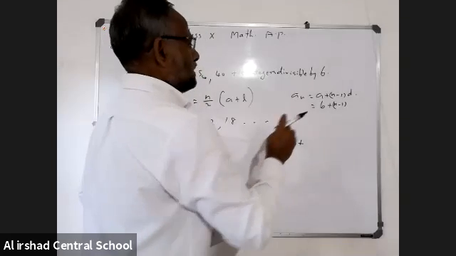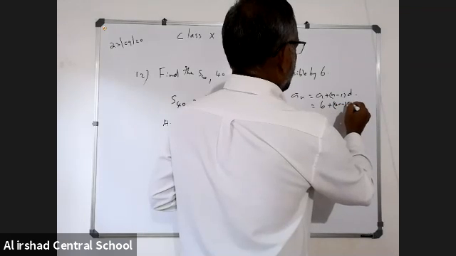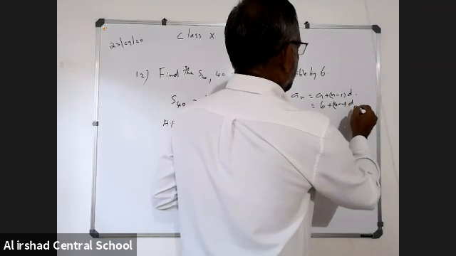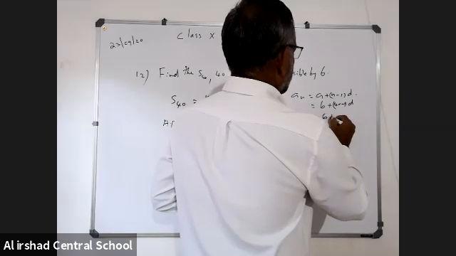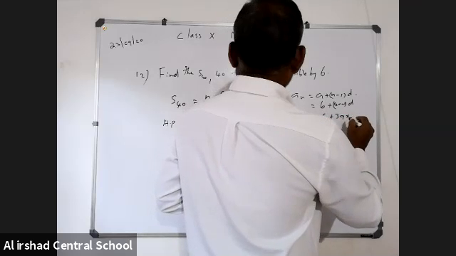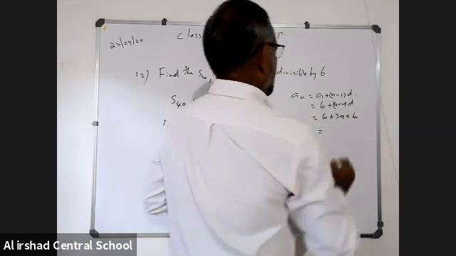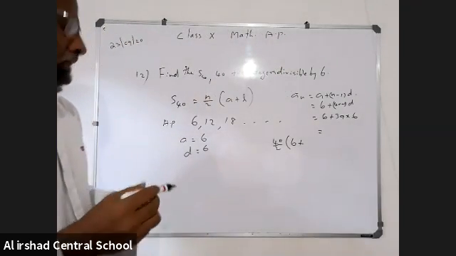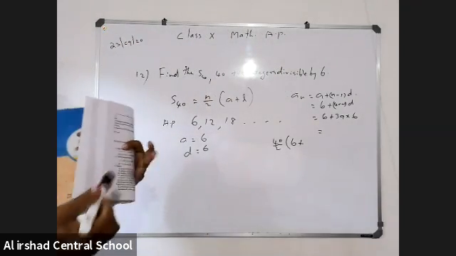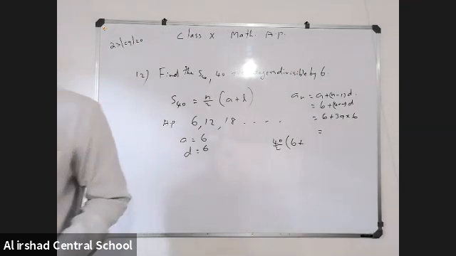Okay, N is 39 now. We can give 40 minus 1 into D, which is 6 plus 39 into 6. What are you getting? 6 into 39 into 6. Find out.